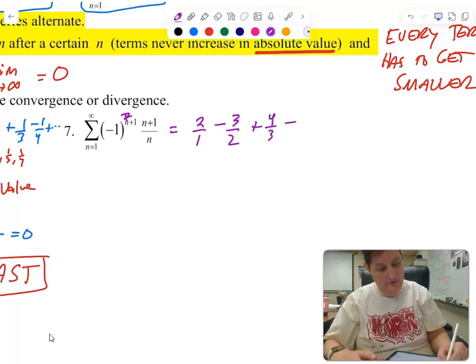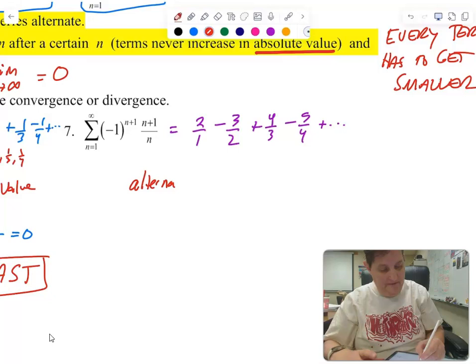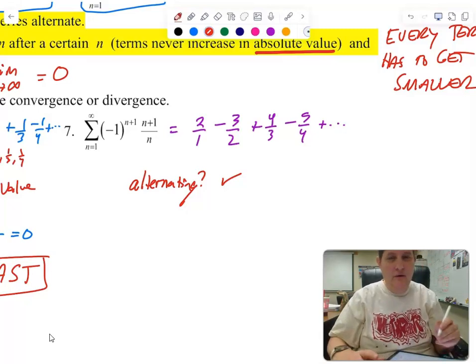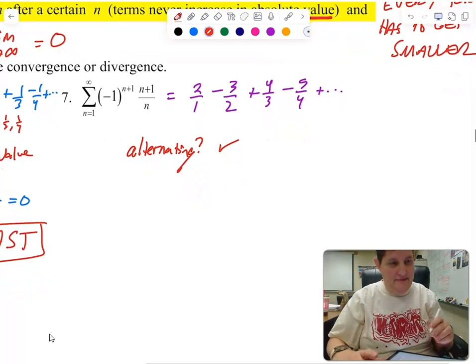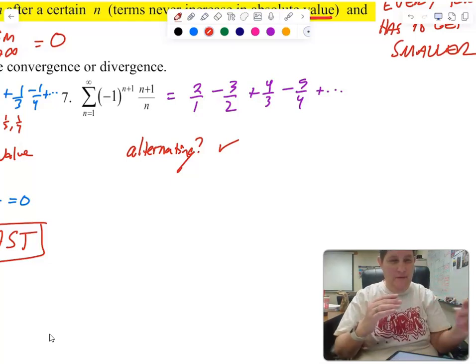Negative 5 over 4. First, is it alternating? Yes, it is alternating. Now, sometimes I jump down to the limit one before I do that middle one.